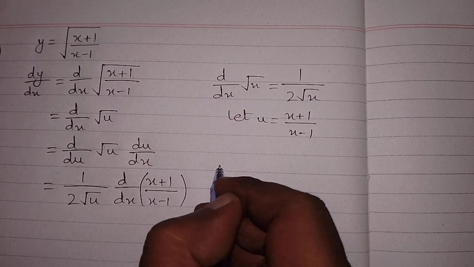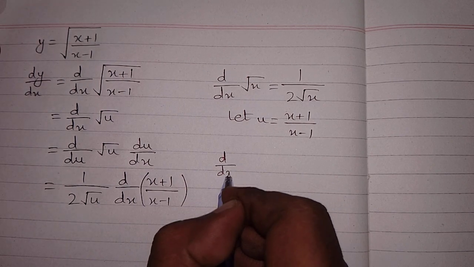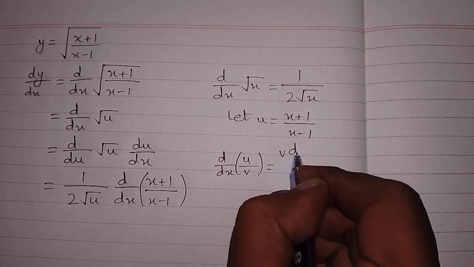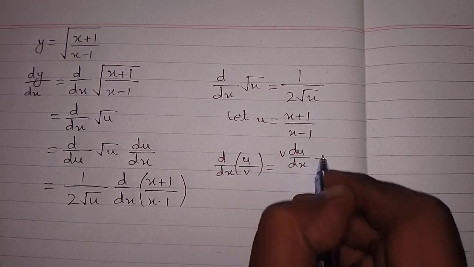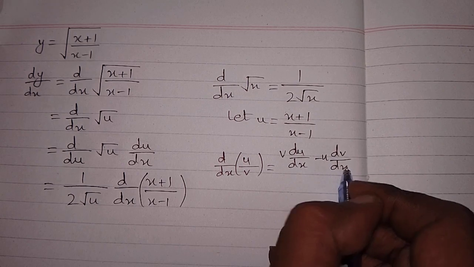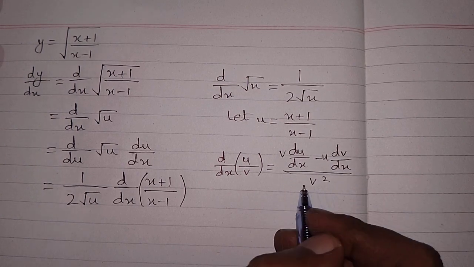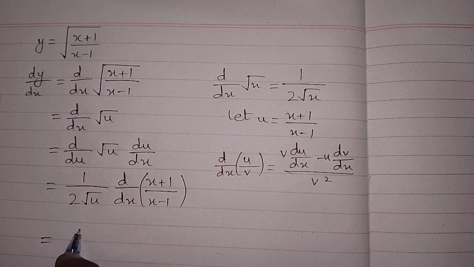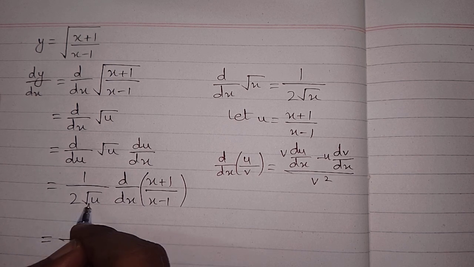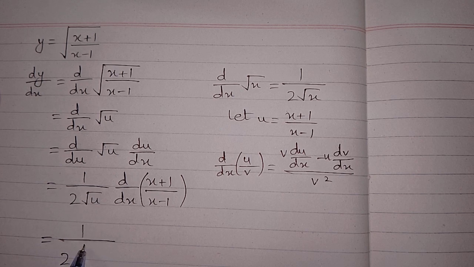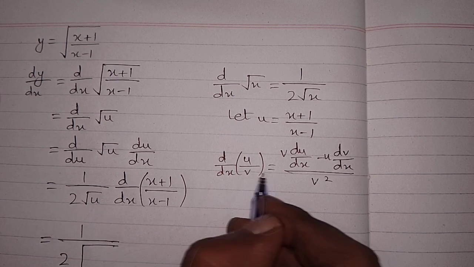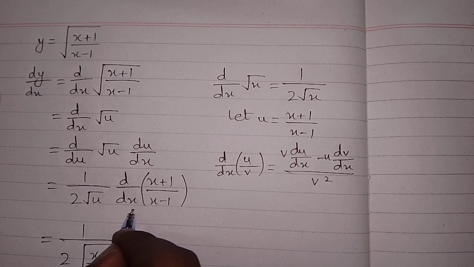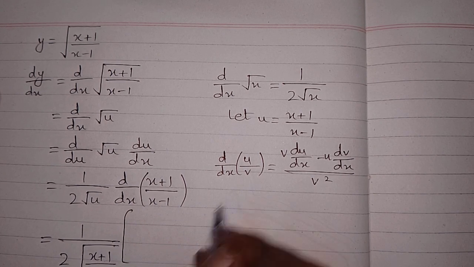Now we can apply quotient rule of differentiation, which is d by dx of u upon v is equal to v times derivative of u minus u times derivative of v upon v square. So we have 1 upon 2 square root of u, and we can put the value of u, which is (x plus 1) upon (x minus 1), and here we can apply the quotient rule of differentiation.